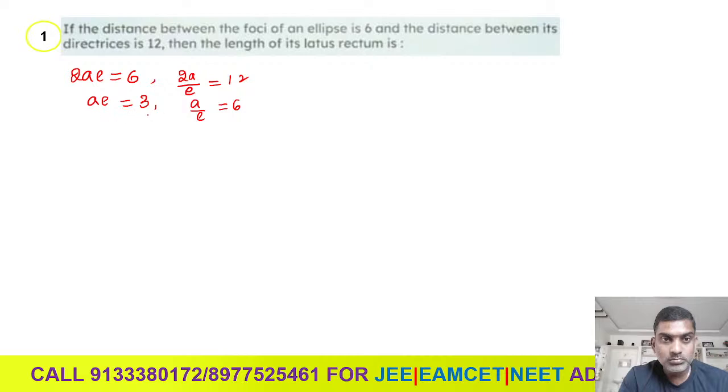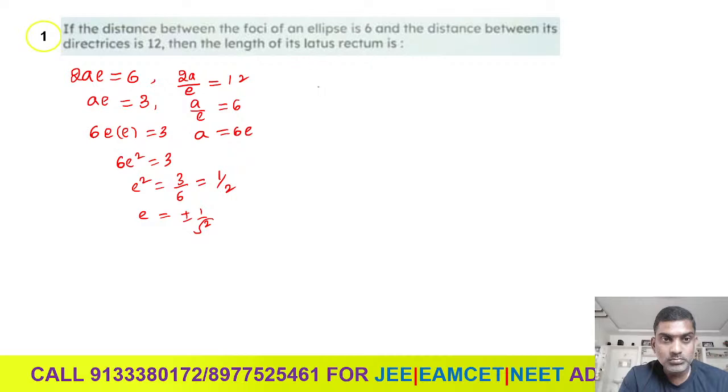So A is equal to 6 times E. Then 6 times E into E equals 3, so 6E square equals 3. Then E square is 3 over 6, that is 1 over 2. Then E is plus or minus 1 over square root of 2. This is the value of eccentricity.